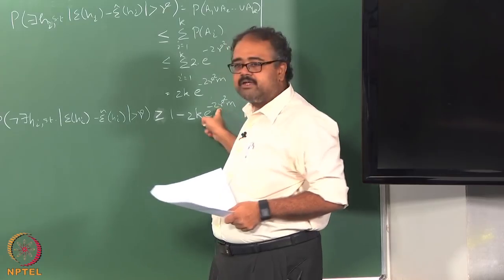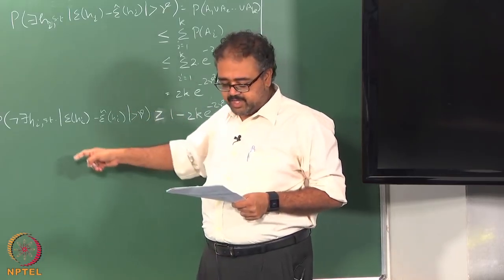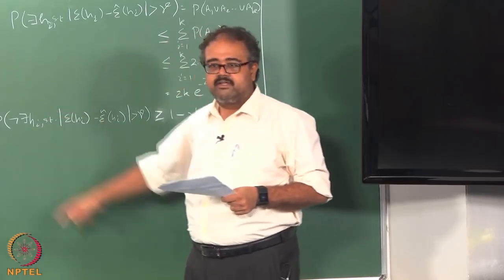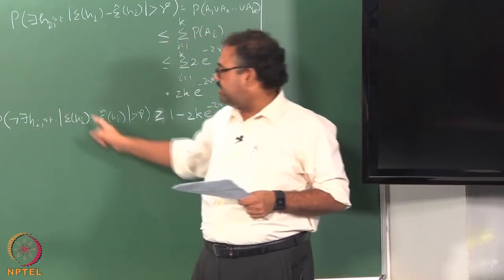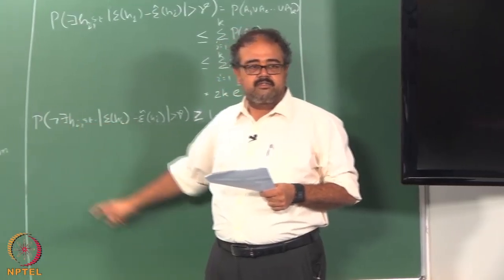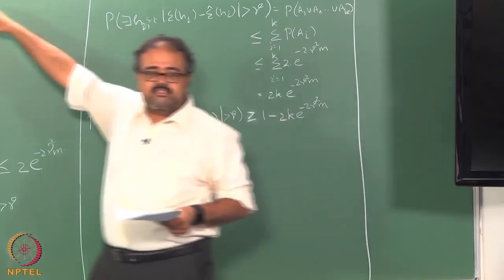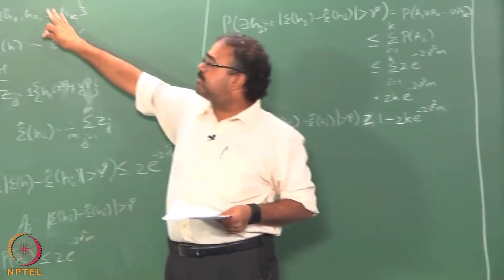And what do I need to fix? I need to fix gamma as well as the error probability. k is fixed for me, because as soon as I give you the hypothesis class, k is fixed.